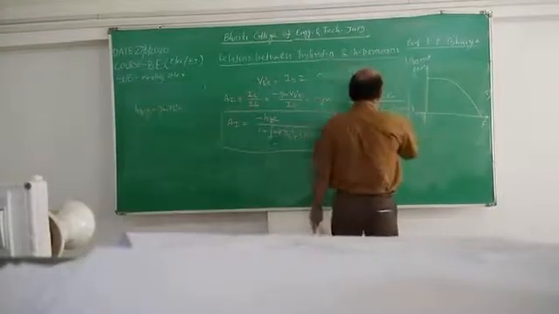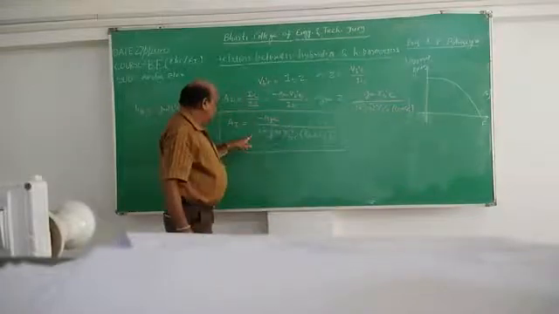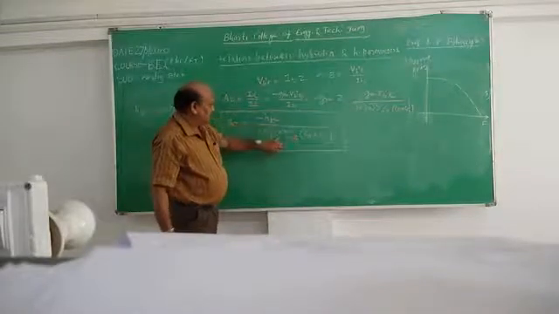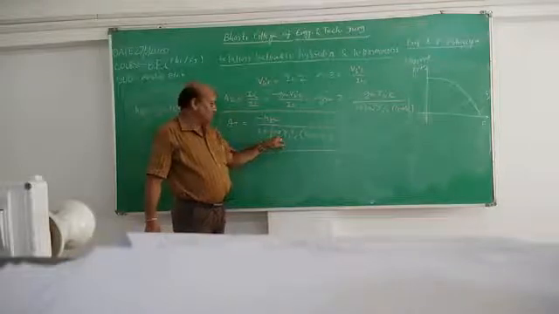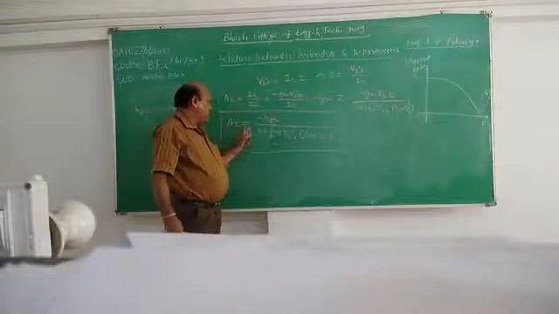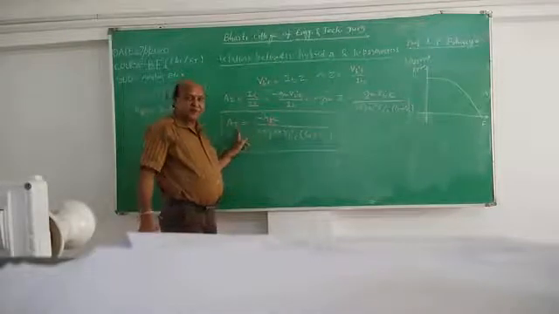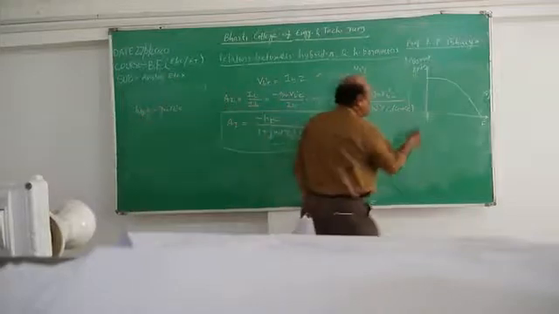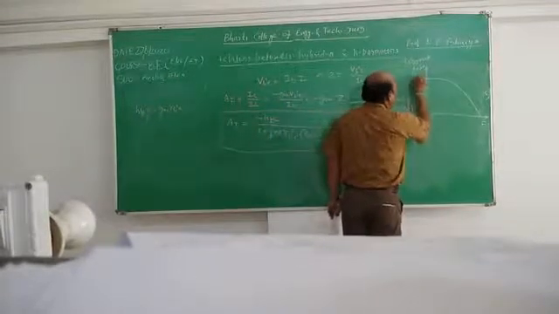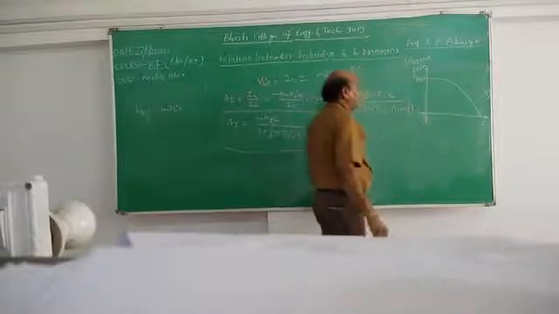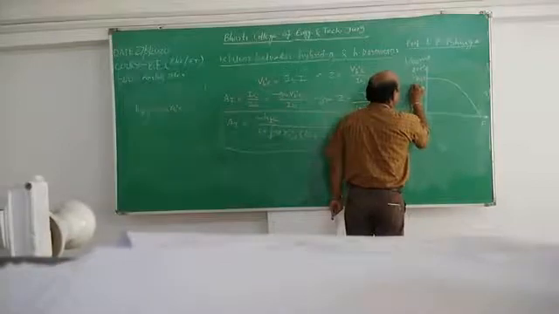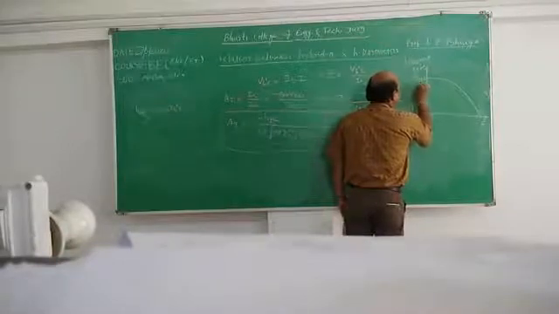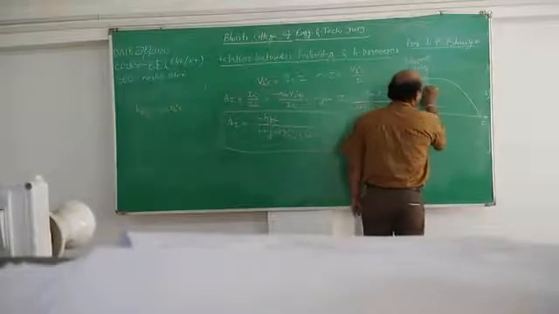This is the maximum value. If we neglect omega, that is omega equal to 0, suppose 2 pi f and f is equal to 0, then here 1 will remain and Ai becomes equal to hfe. So the magnitude of Ai will be equal to hfe. As the frequency is equal to 0, this maximum value will be equal to hfe, and here I will get hfe by root 2.